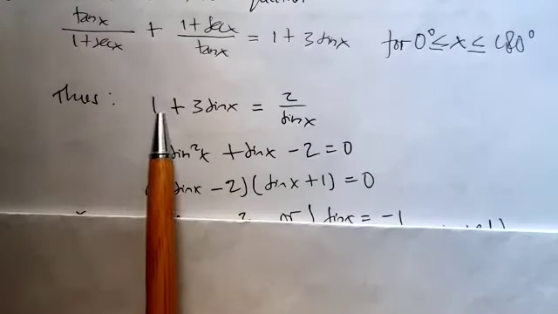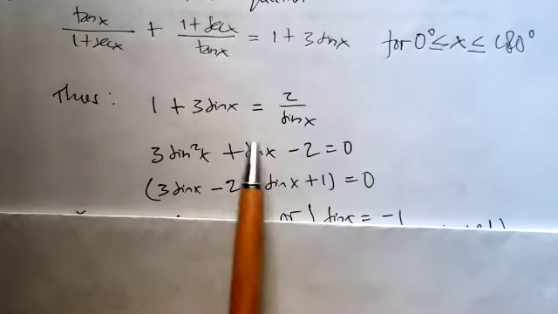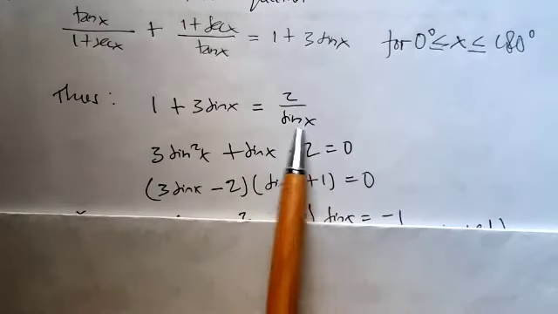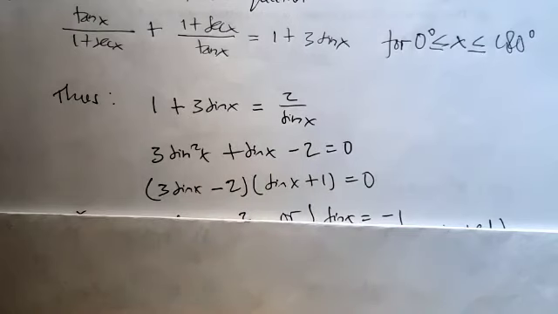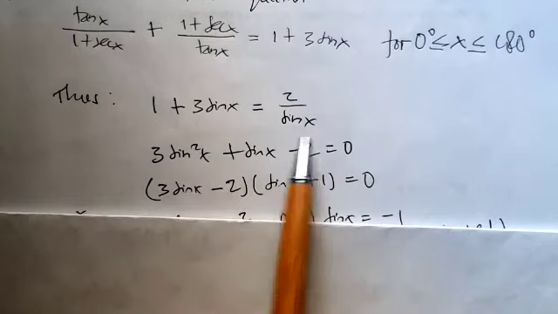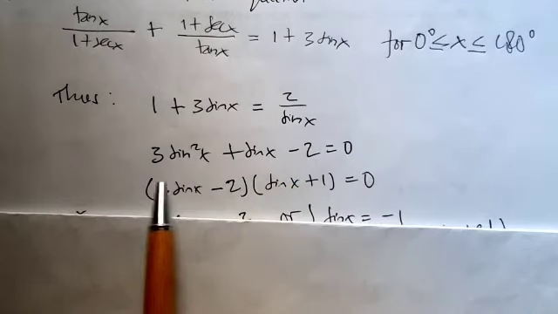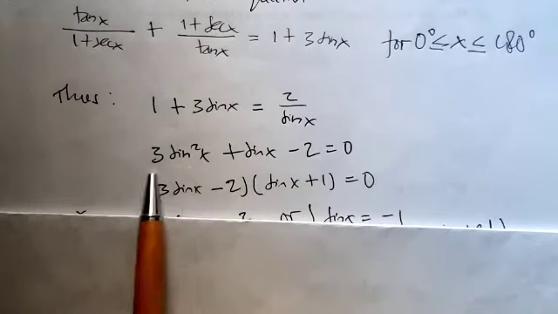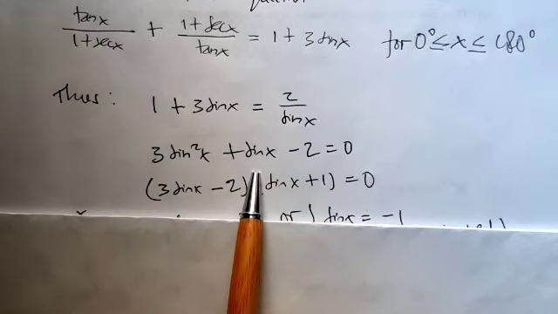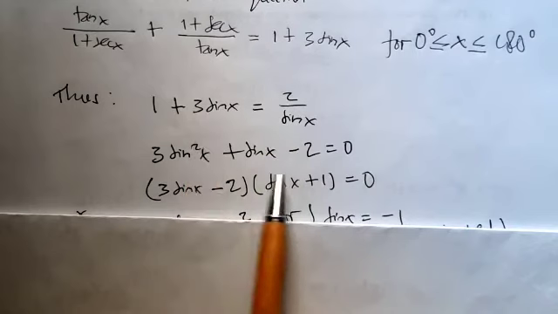Thus 1 plus 3 sin x equals 2/sin x, and then cross multiplication gives a three-term quadratic. 3 sin x times sin x is 3 sin squared x, 1 times sin x is plus sin x, and 2 shifted to the left is minus 2, equals 0.